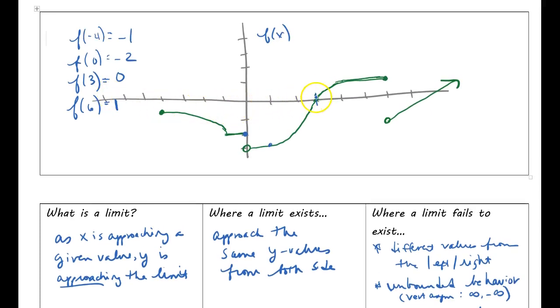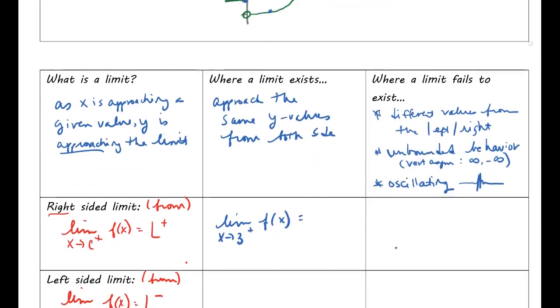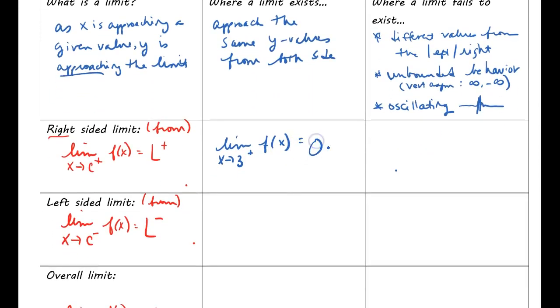Here's where x is equal to 3, okay? But I want to look at from the right. So I need to go to the right of this point, which is on this piece of graph, and I need to start approaching my value. Notice the arrows. I'm actually moving towards it this way and asking, what y value is that trying to get to? Well, that is trying to get to 0. So that would be the limit from the right.